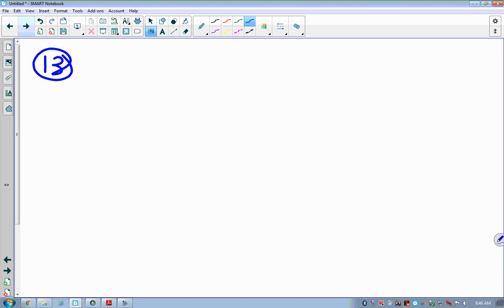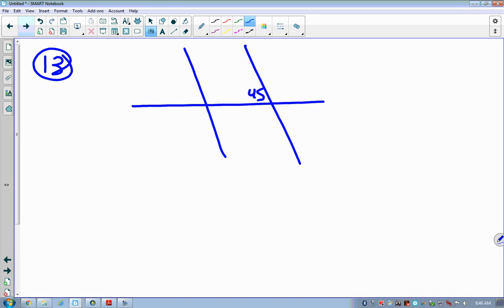Prove the lines x and y in this figure are parallel. You're seeing something like this. Okay, you got 45 and 135. Let's see. Well, these aren't anything to each other, right?